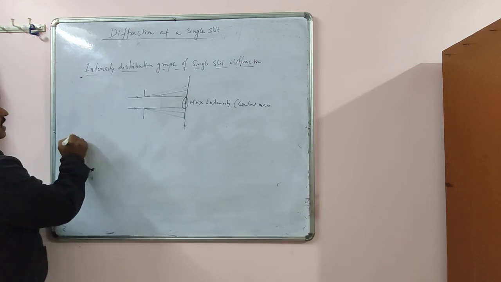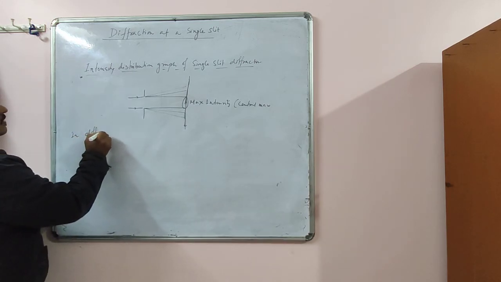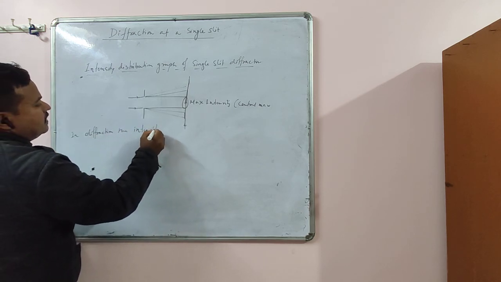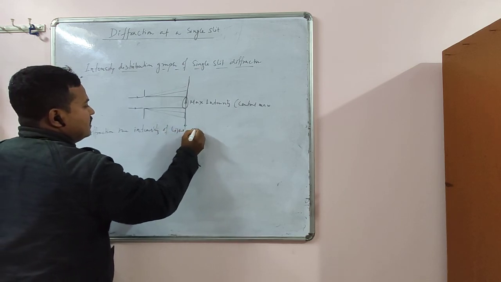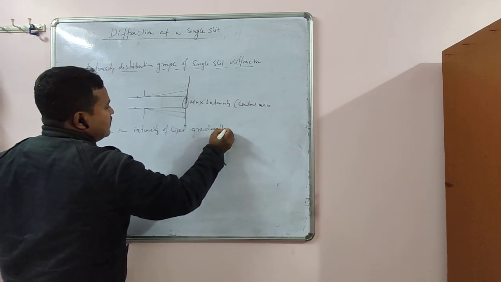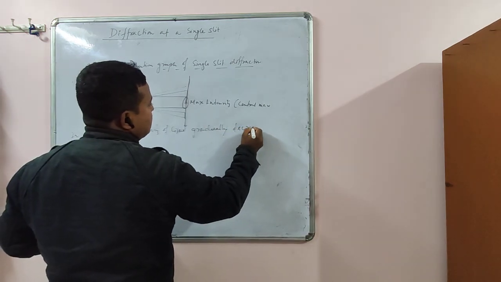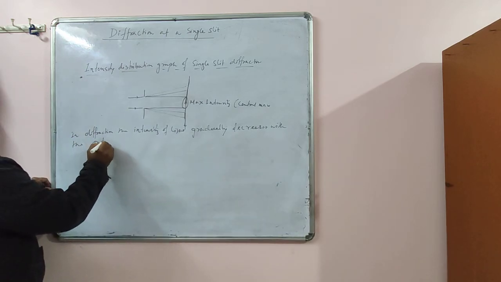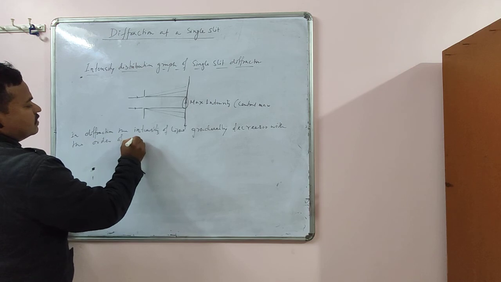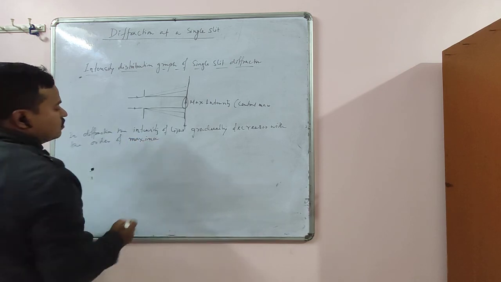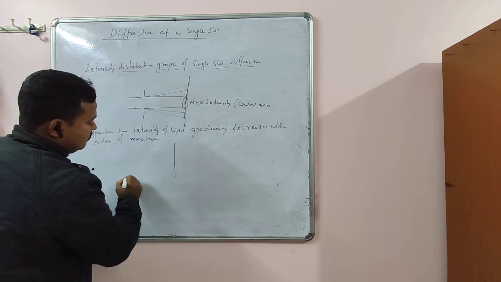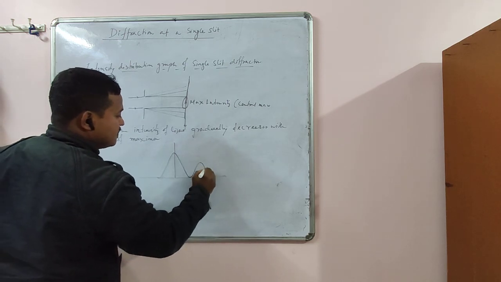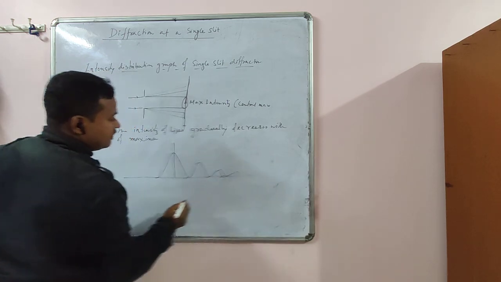So you can say that in diffraction, the intensity of light gradually decreases with the order of maxima. So if we draw a graph, it will be something like this.